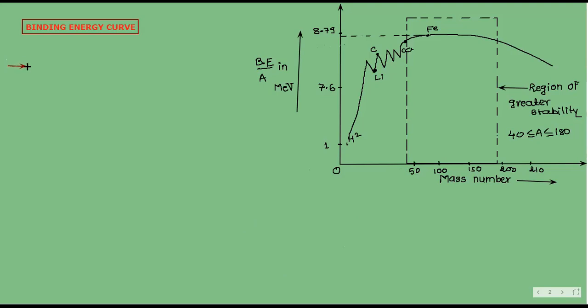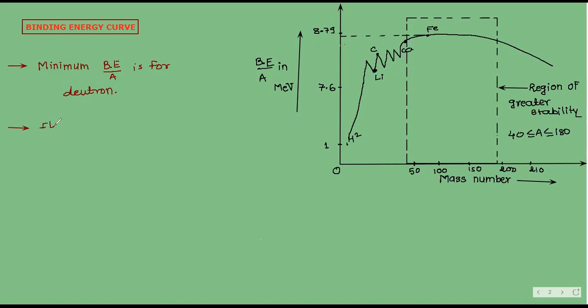Point number 1, minimum binding energy per nucleon is for deuteron. Next point, whatever you are observing from the graph, you have to see and write.